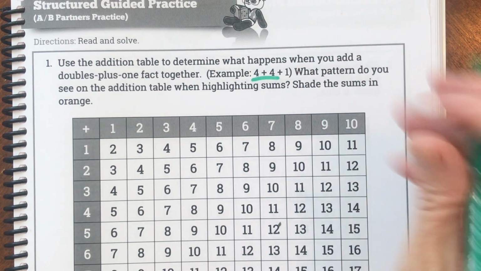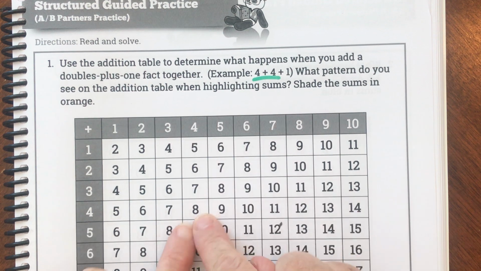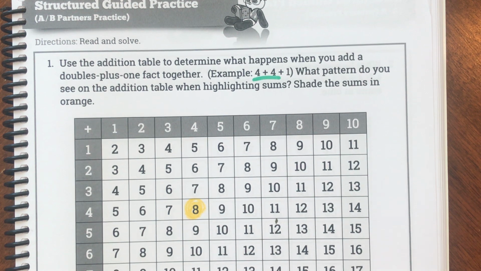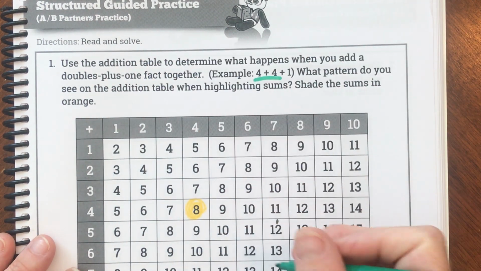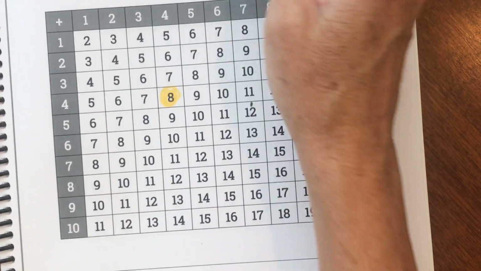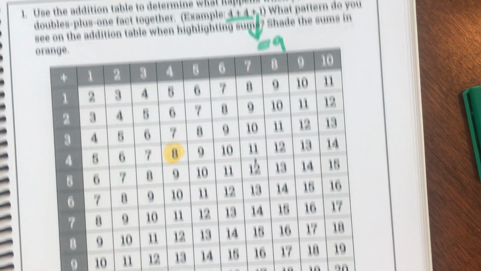Well, 4 plus 4, let's find the double there. 4 plus 4 is 8, but they want us to add 1 to it. So 8 plus 1 would be 9. So this equals 9. Let's do our other doubles.